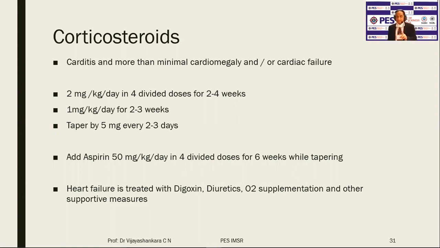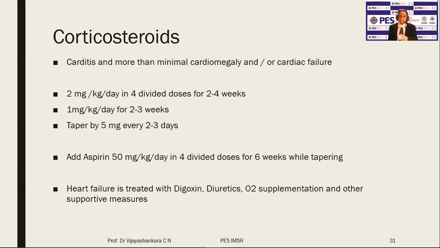Add aspirin 50 milligram per kg per day in 4 divided doses for 6 weeks. It has to be given once you start tapering the corticosteroid dose from 2 milligram per kg per day. You have to keep this in mind: if you don't add aspirin when you start tapering corticosteroids, there may be a rebound inflammatory reaction, and it may be much worse than the original inflammatory signs.